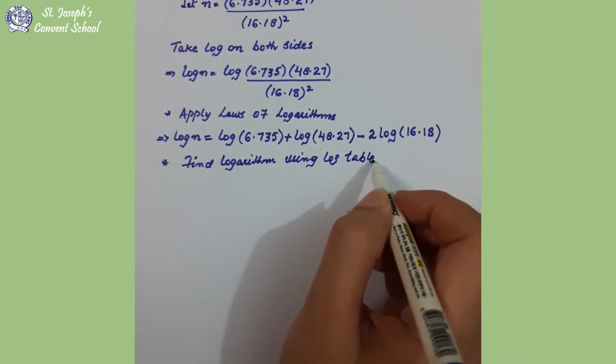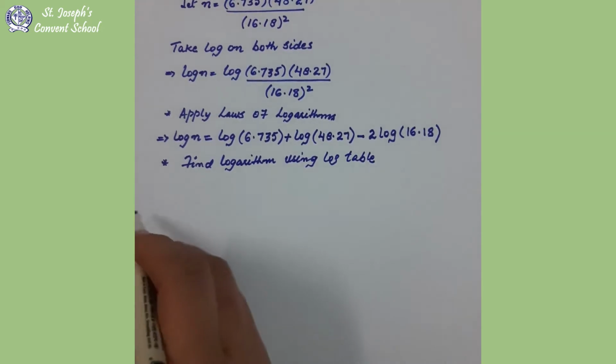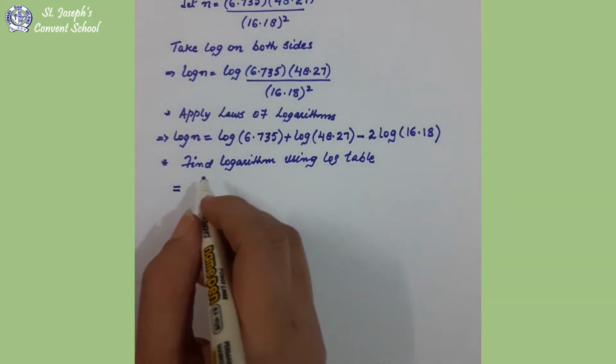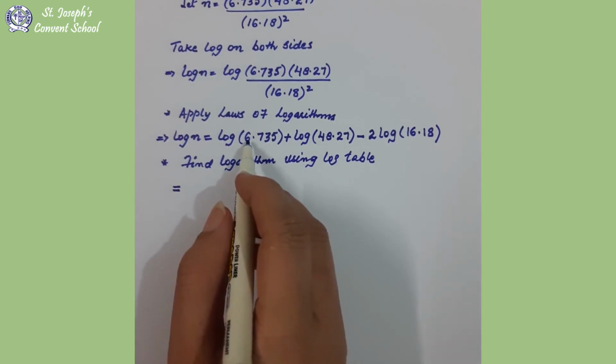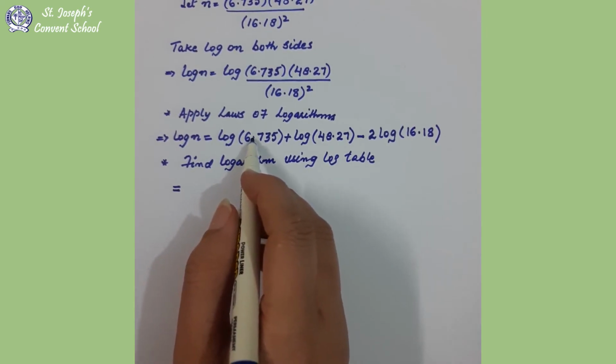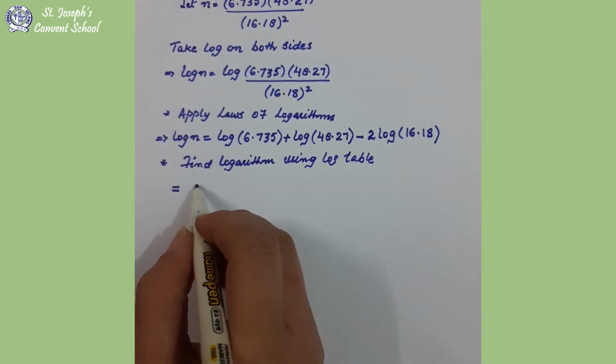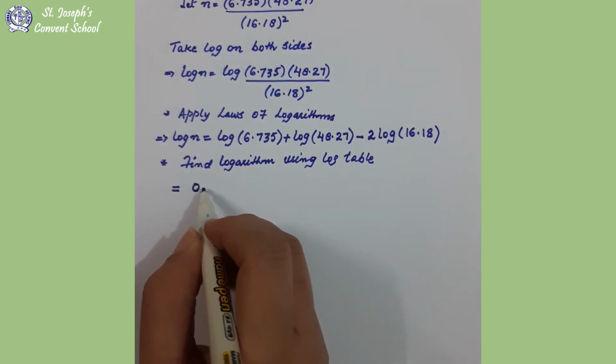Let's do it directly this time. Now how to find it directly? First step is to find the characteristic. Now this decimal is already after first digit. When the decimal is already after first digit, it means the characteristic is 0. So characteristic is 0 point.